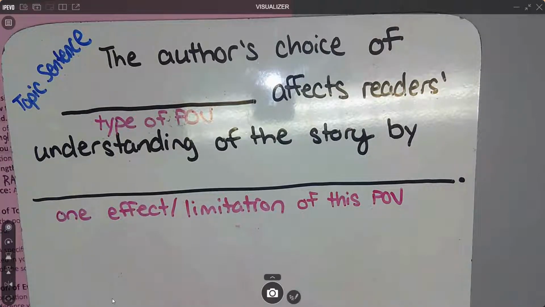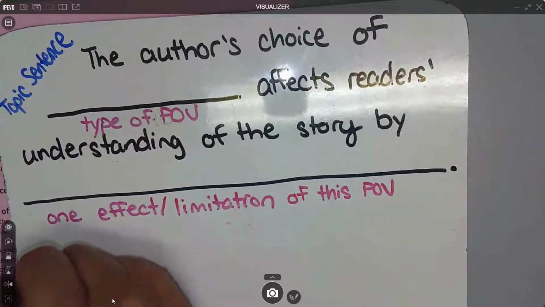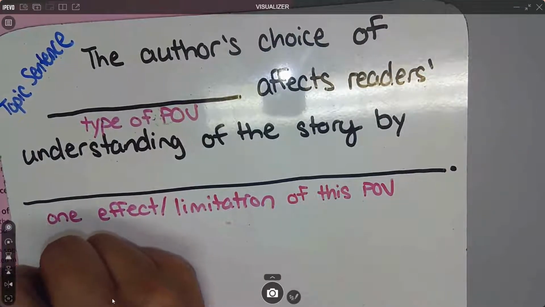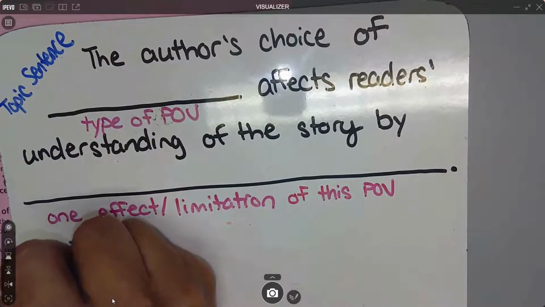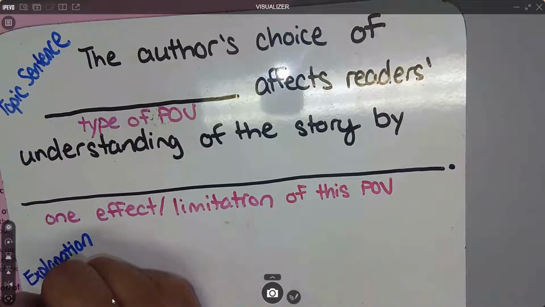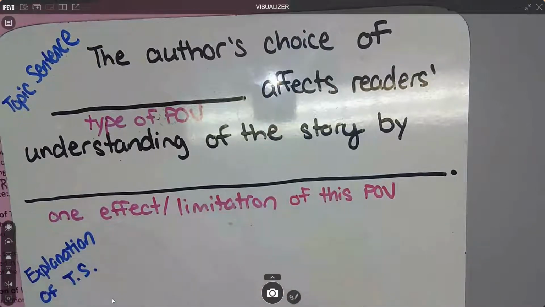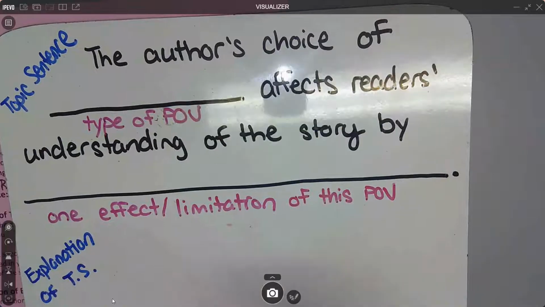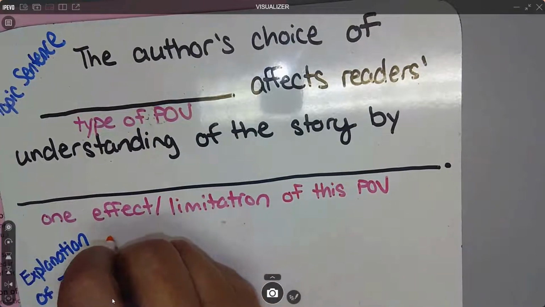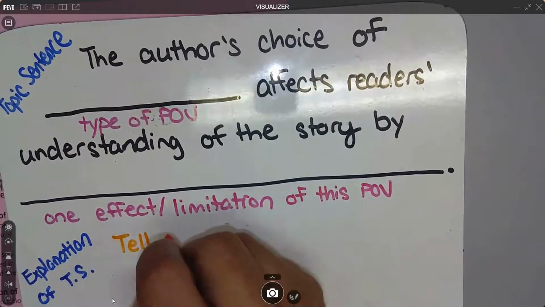And then you can move on to your explanation of the topic sentence. In your explanation of the topic sentence, you are going to be telling specifically how this story is affected by the type of point of view.